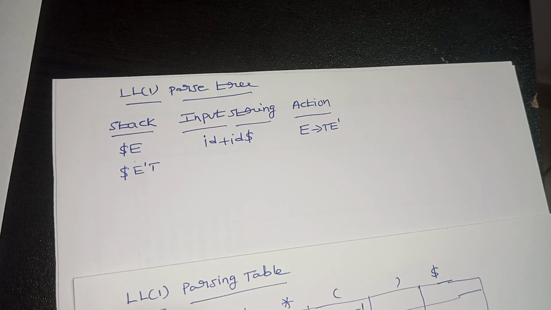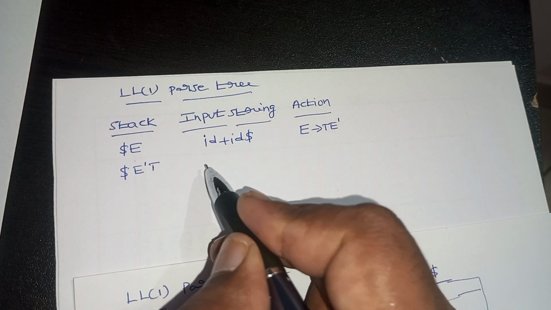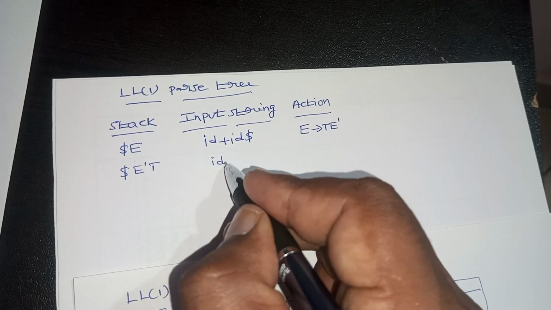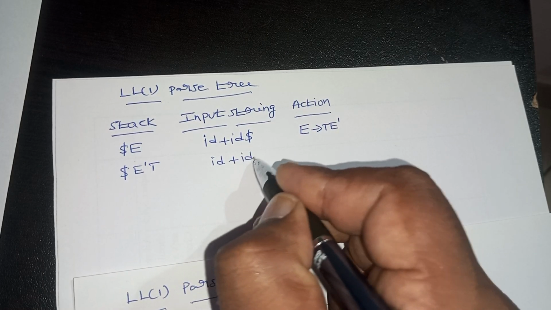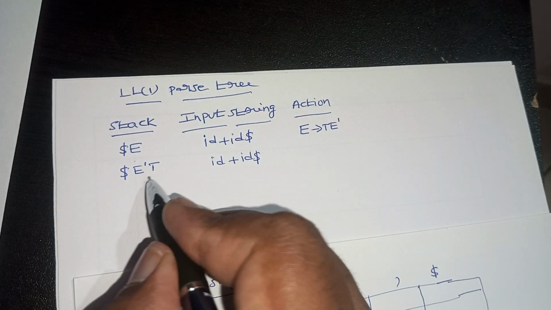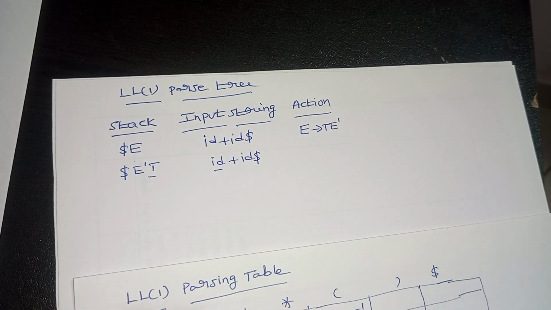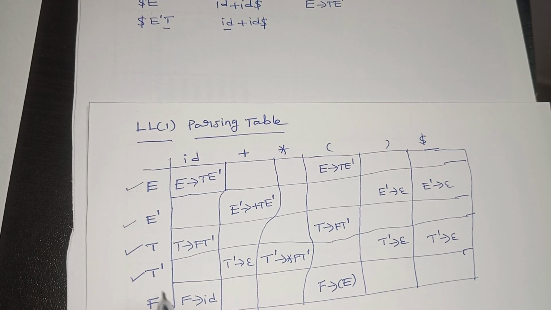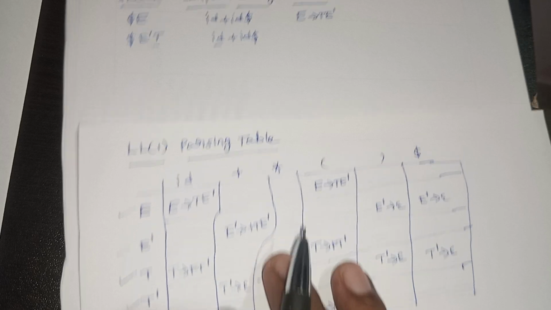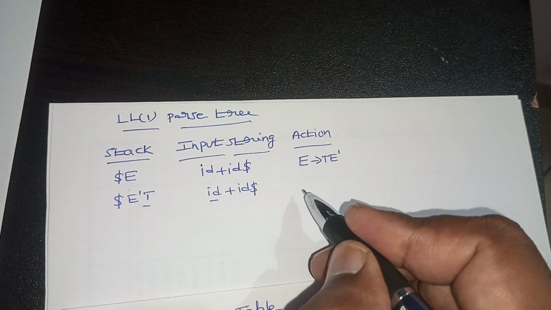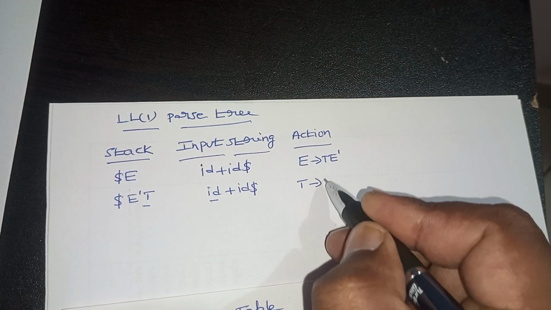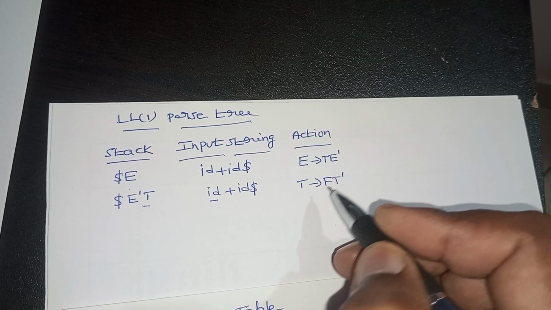Now the input is id plus id dollar. T on id, what is T on id? The action is T tends to F T dash.